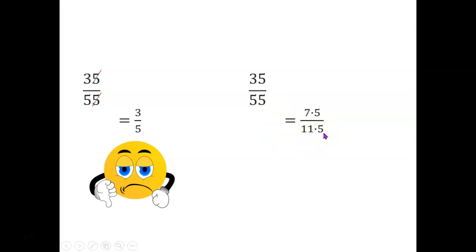So I've factored them and broken them up into things that multiply together to give you those numbers. And now we are allowed to cancel these common factors of 5, and we are left with 7/11. And that is correct. 35 over 55 is the same number as 7 over 11.